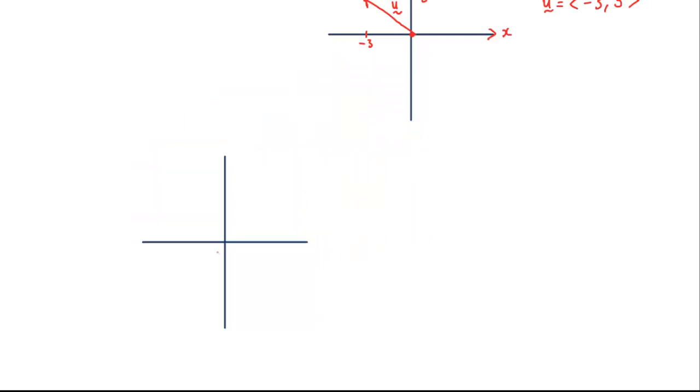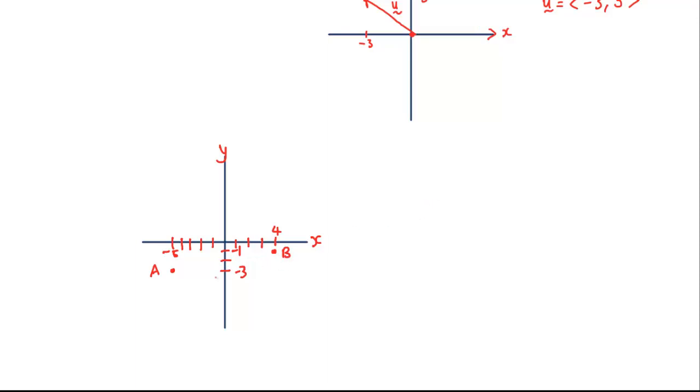Let's say point A is over here, at -5 and -3 along the x and y axis, and then let's have point B over here.